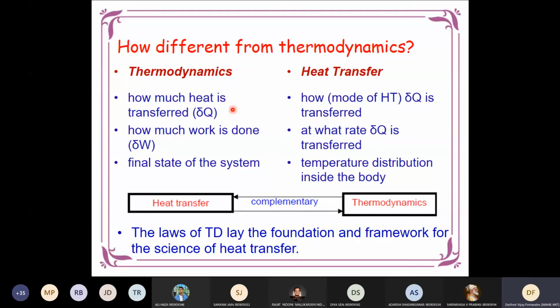You have a process, isobaric, isochoric, isentropic, isothermal, all those processes you have studied. And during a process, compression, expansion, in an Otto or diesel cycle, you know the amount of heat transfer and the amount of work done, all those quantities will be estimated in thermodynamics.